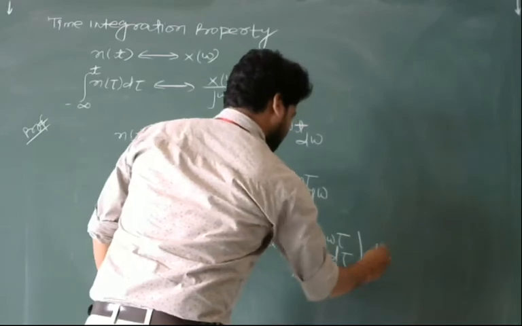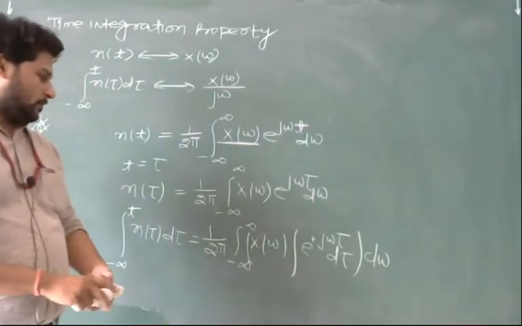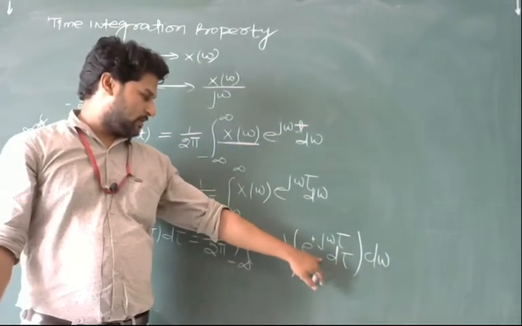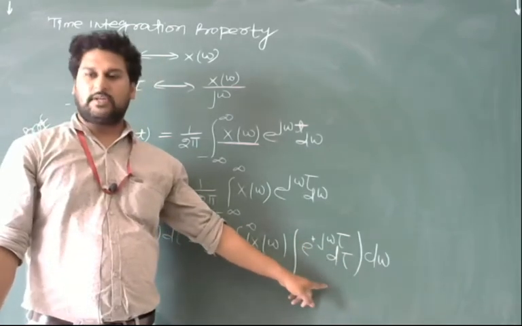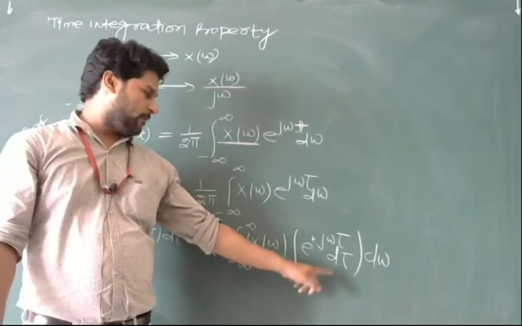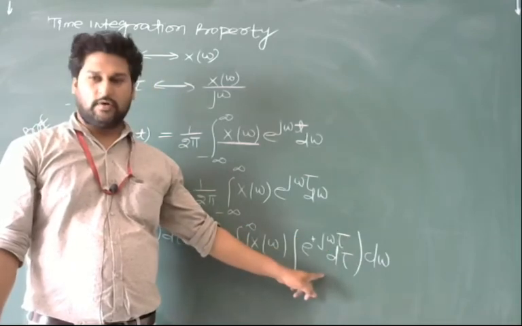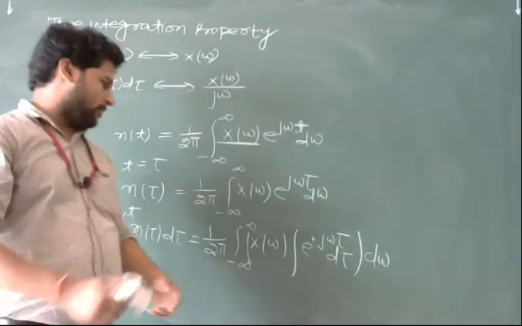Now we have to integrate this e power j omega tau with respect to tau, and this will give e power j omega tau divided by j omega.